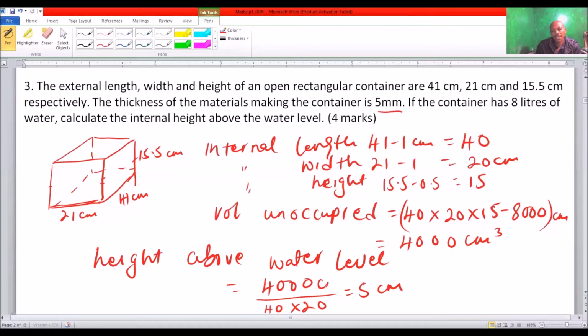Because this is centimeter cube, this is centimeter, this is centimeter, we'll be left with centimeter. So that is the internal height above the water level. It is equal to 5 centimeter.